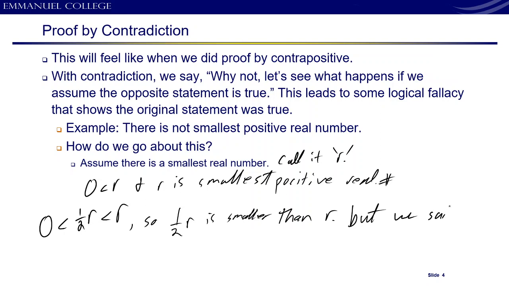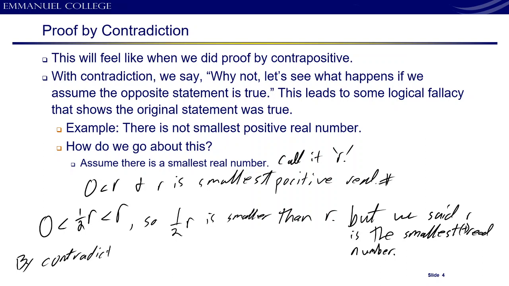Or we said r is the smallest positive real number. So then how you would close out is to say, kind of like before, by contradiction, the original statement is true.